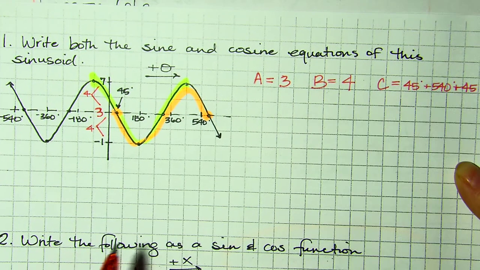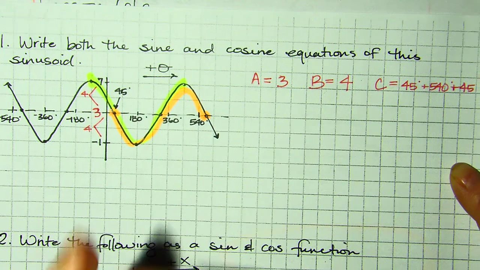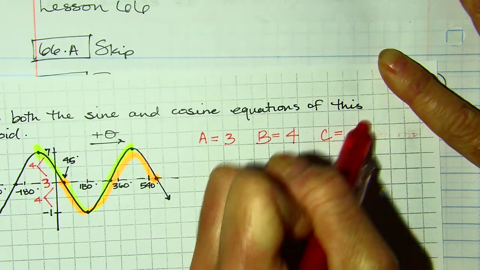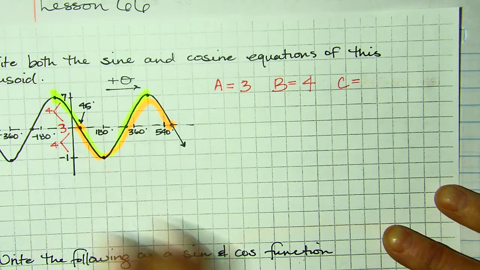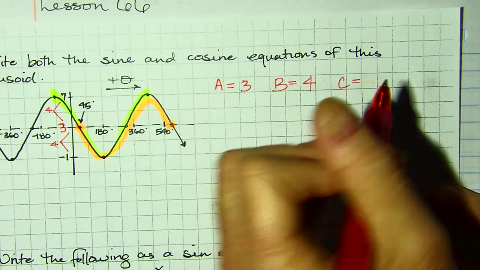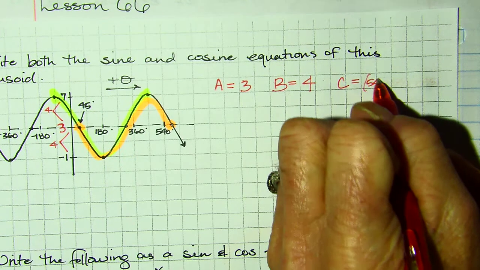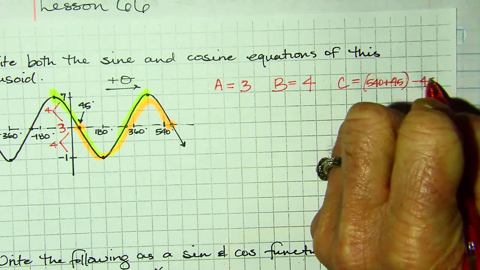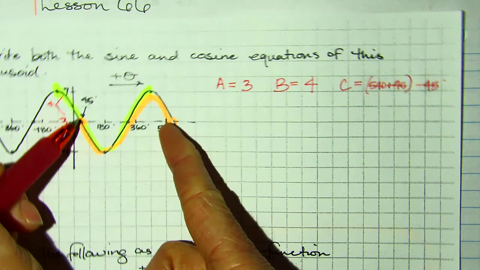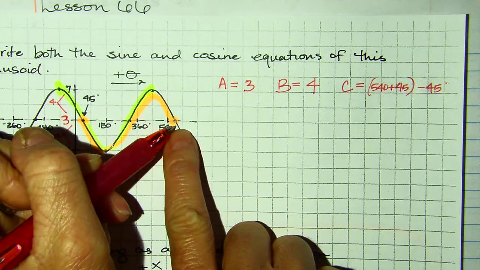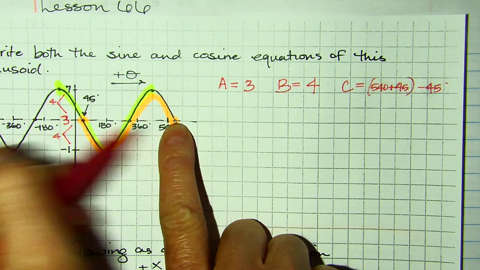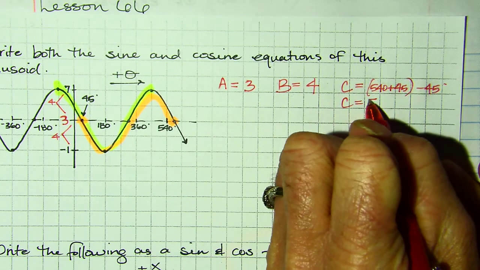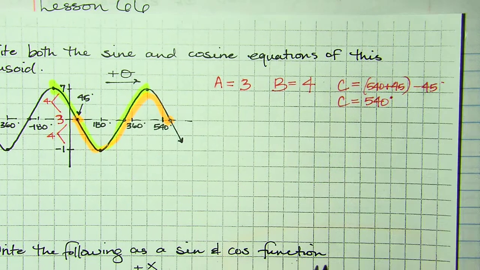If I want to know how many degrees it took to complete that cycle, it would be 540 plus 45 degrees minus where it started, right? I'm trying to measure from here to here. So I know this is 540 plus 45, so that's 595. Minus 45 would give me a full cycle of 540 degrees.